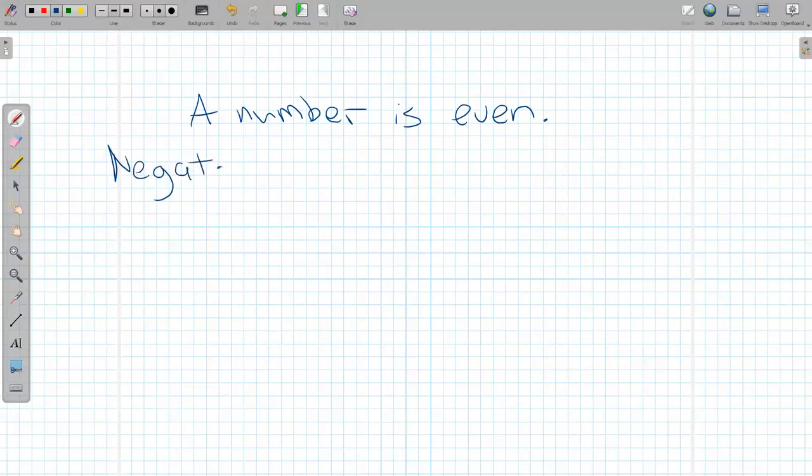State its opposite. So write down what you think the opposite of "a number is even" would be. First just write it down on the piece of paper, and then I will take some suggestions. You could speak them in just a moment, but give everyone a chance to write.